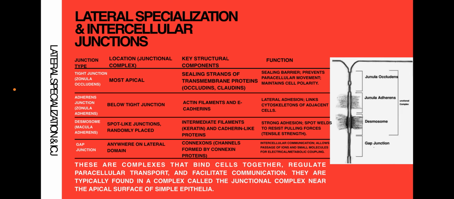So you remember simple epithelium, it's one of the types of the lining epithelium. So in these simple epithelia, near the apical surface, it is not apical, it's lateral, but they are near that part. Anyway, there are many types and there are different locations, by the way.